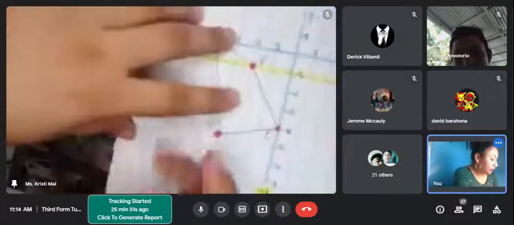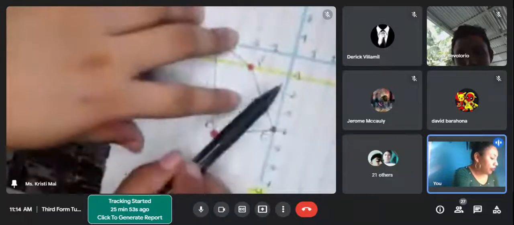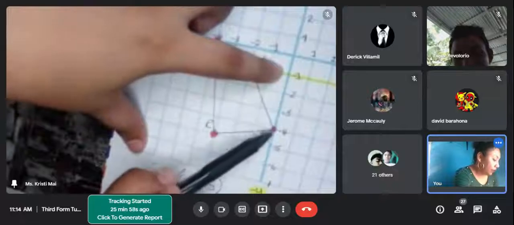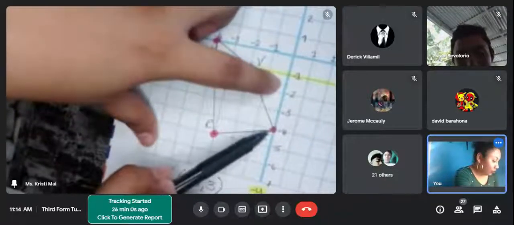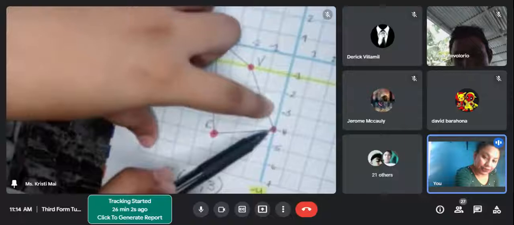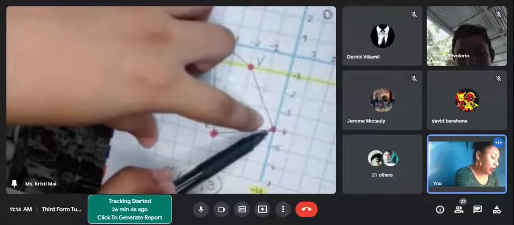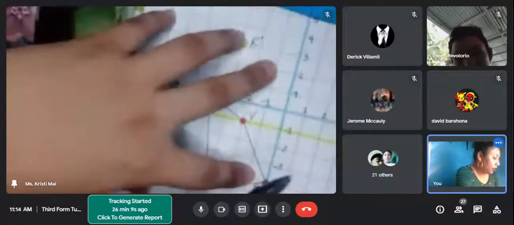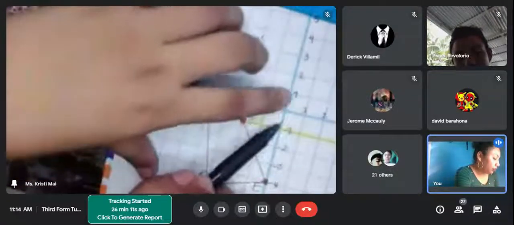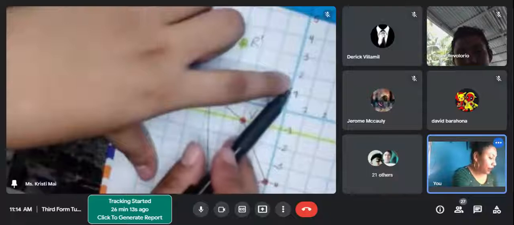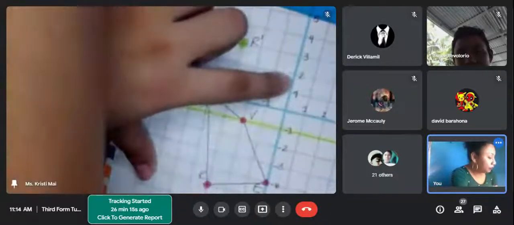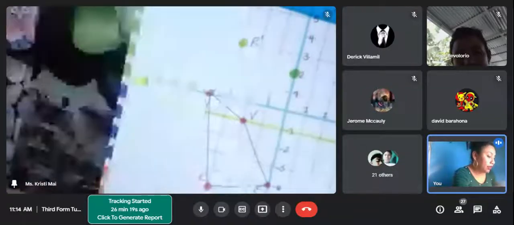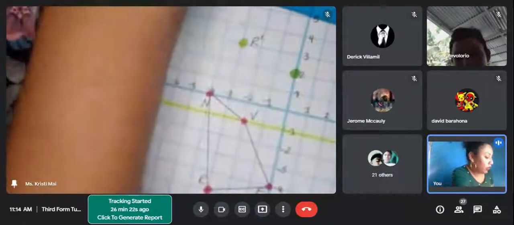Okay. So let's look at the other one. Let's look at E. From the line that I am reflecting up to point E, there are one, two, three spaces. So I am going to count three spaces above the line as well. One, two, three. And my point is right there. That point is going to be E1.